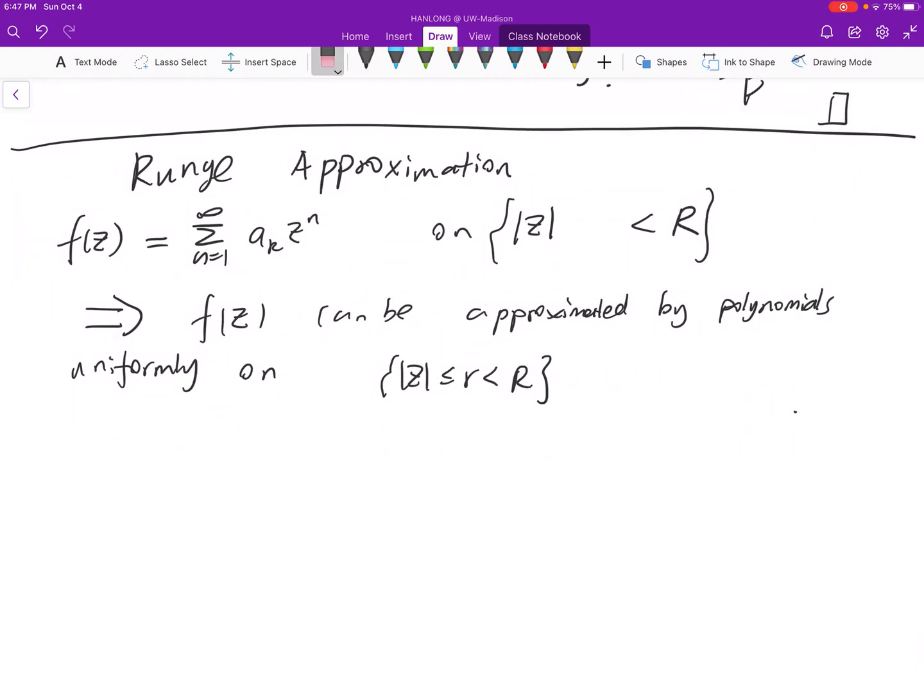This is just the definition of power series. We know that we can dominate it by a geometric series and show that it's uniformly convergent.